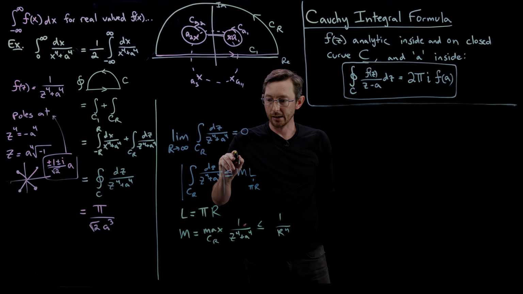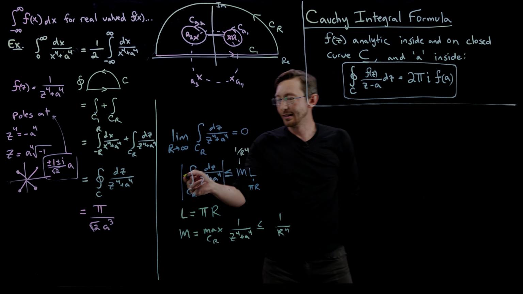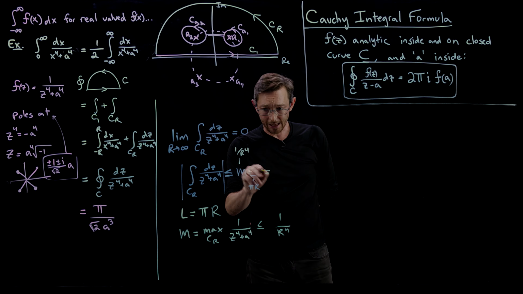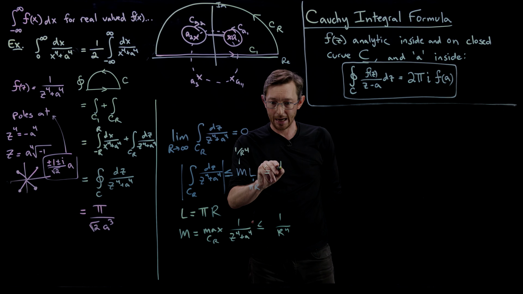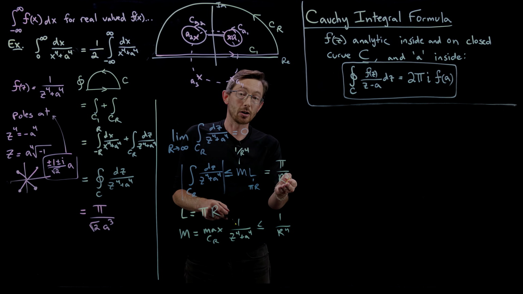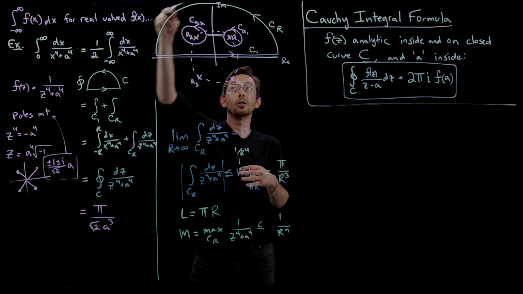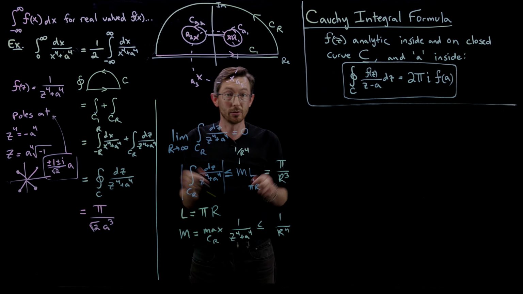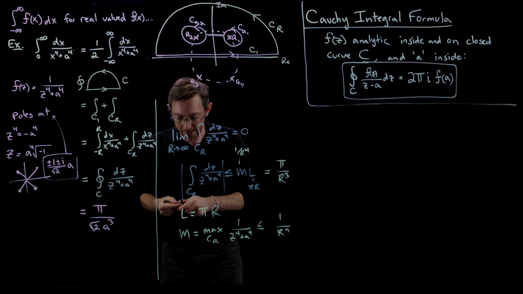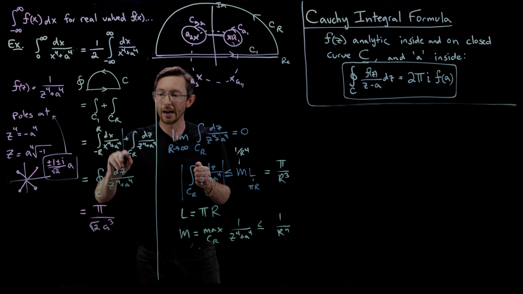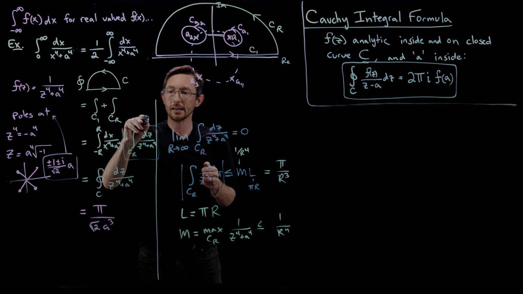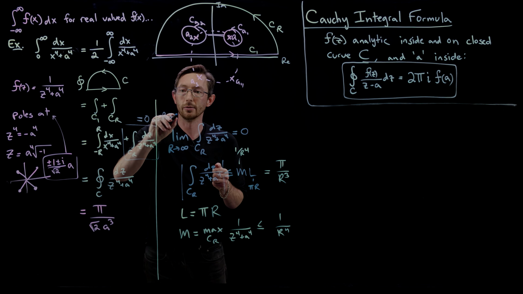And so M is 1 over r to the 4th, which means that this thing is less than or equal to pi over r to the 3rd. And as we take the limit as r goes to infinity, this integral becomes 0. This integral gets smaller and smaller as I push that radius out to infinity. So this entire term goes to 0 as r goes to infinity.